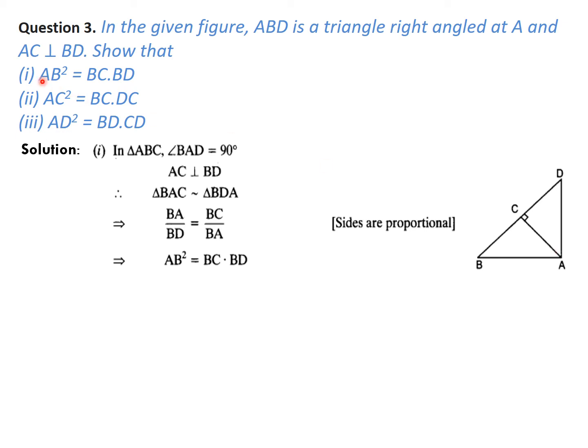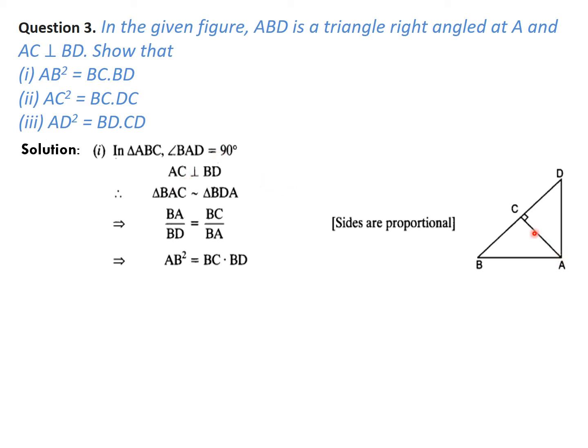So we can choose the triangles from here itself. So we have AB, BC and BD. AB and BC belong to triangle ABC, and AB and BD belong to triangle ABD. So we'll work with triangles ABC and ABD. In triangle ABD, angle BAD is equal to 90 degrees, this angle, and AC is perpendicular.